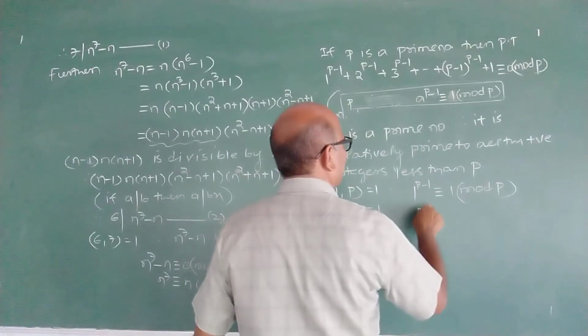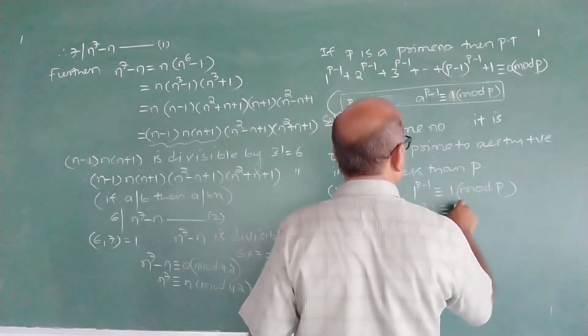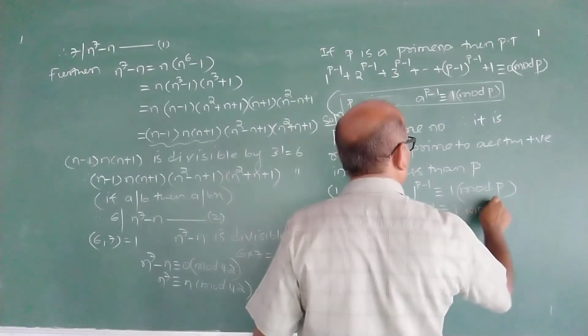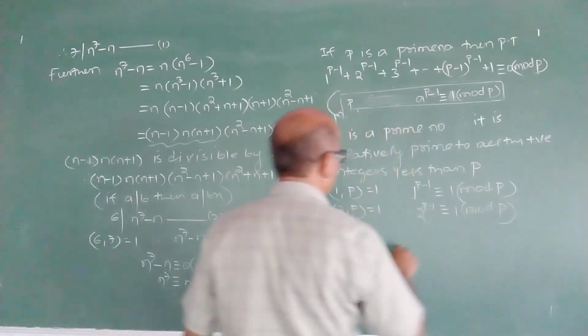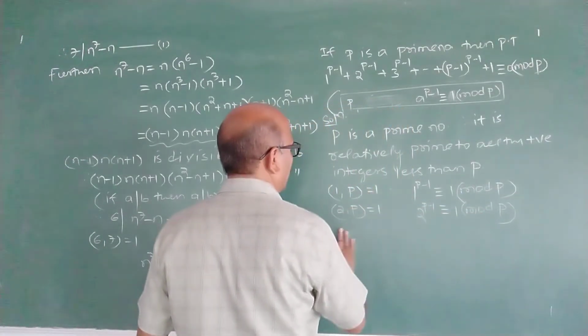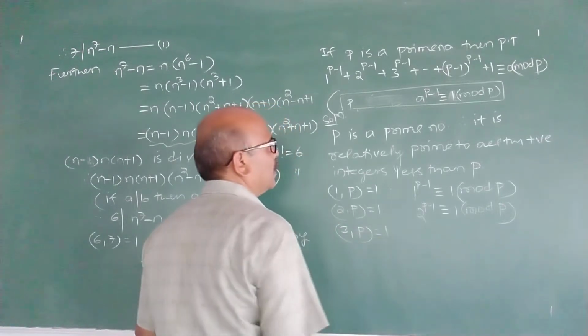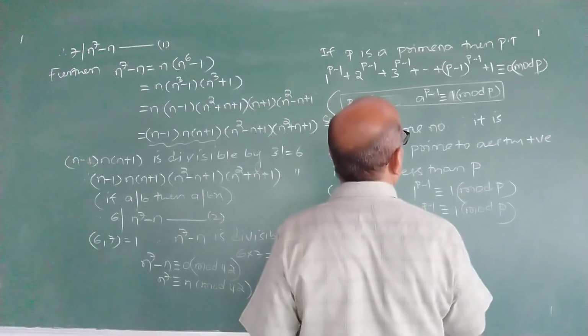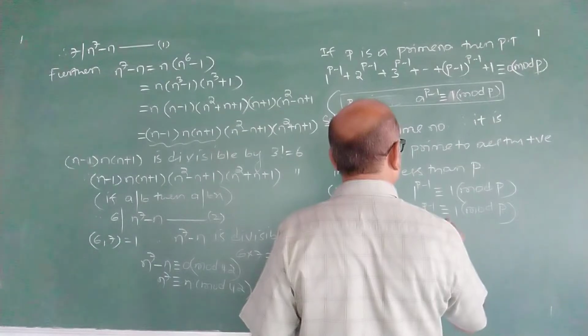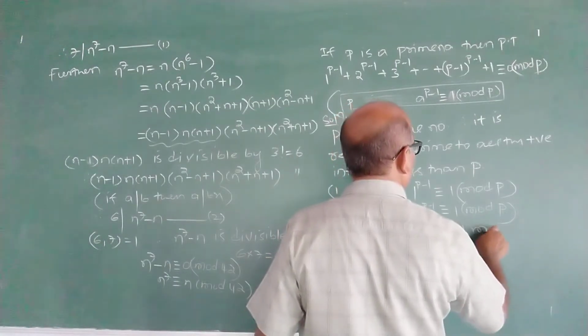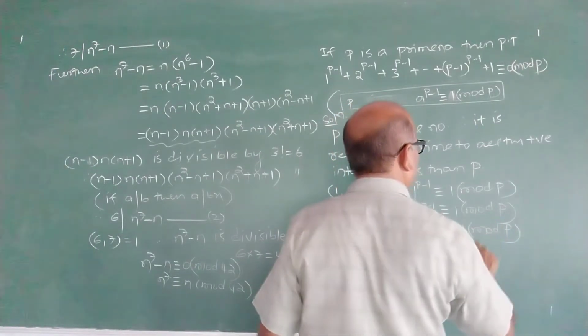Therefore, 2 raised to P minus 1 is congruent to 1 mod P. Correct? Similarly, 3 and P are relatively prime. Therefore, 3 raised to P minus 1 is congruent to 1 mod P.